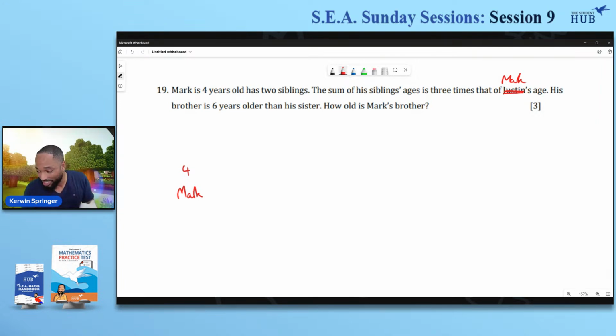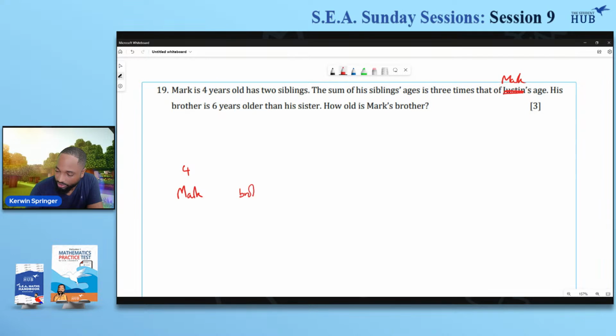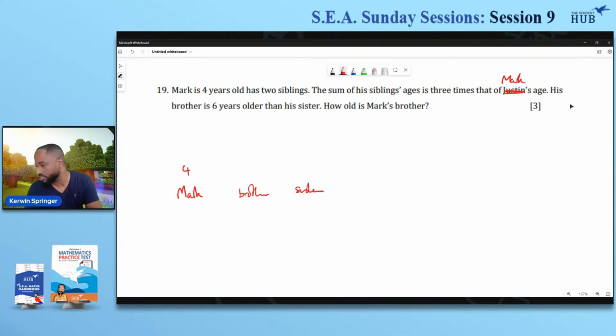Who is Justin? Where did he come from, my friends? Who is Justin in question 19? All right, so I feel it has to be Mark here. So Mark is that the sum of his siblings' age. So you have a brother and you have a sister. Justin should be Mark. Yeah.